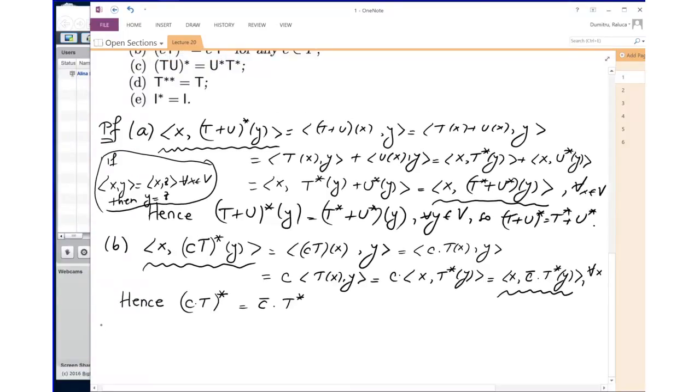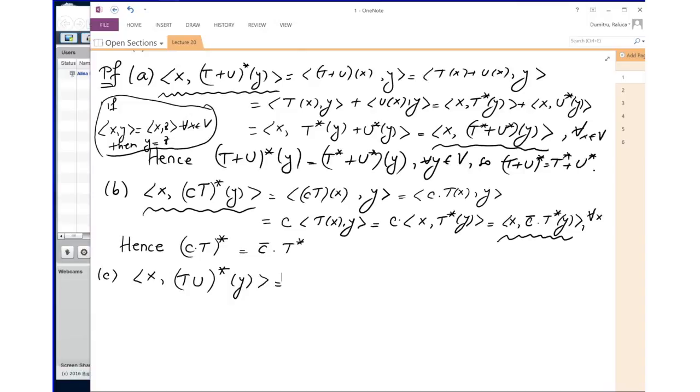Okay. See? TU is not a product, it is the composition of linear operators. So TU, inner product between x and the adjoint of TU applied to y. So first, move the entire composition TU into the first. So TU of x, inner product with y.